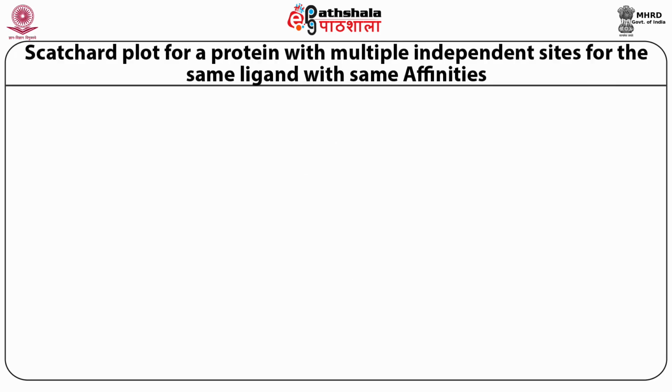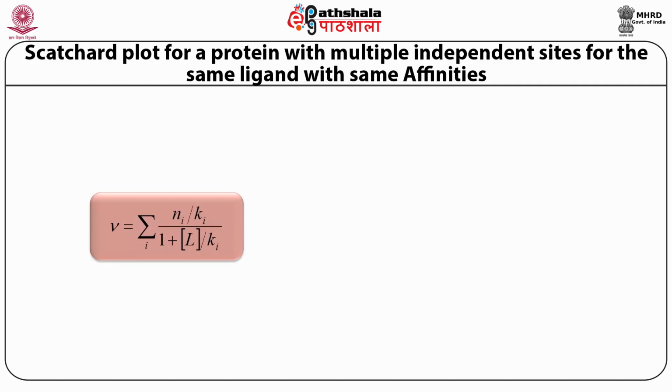Suppose we are looking at a protein with multiple independent sites for the same ligand but with different affinity. In that case, we can write nu, which is the fraction of bound protein, as sigma ni by ki divided by 1 plus L by ki, and this is a summation over all the independent sites.